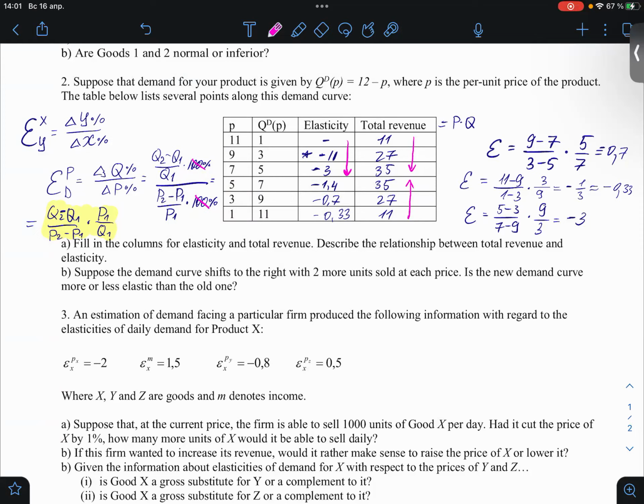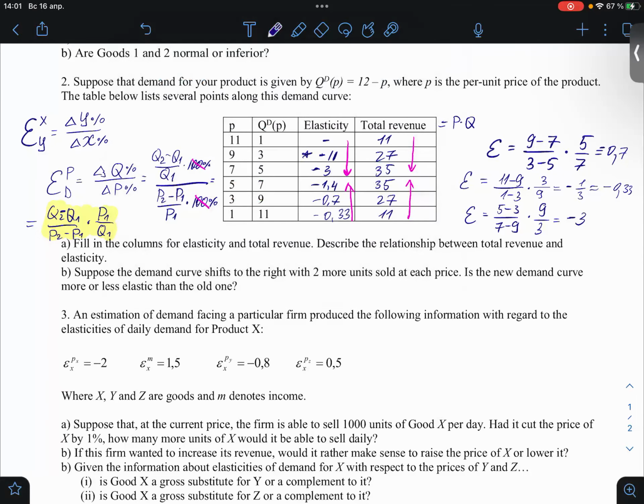And here we have higher and higher elasticity. So what conclusion can we make? If we have a linear function, the highest total revenue will be when elasticity equals -1.